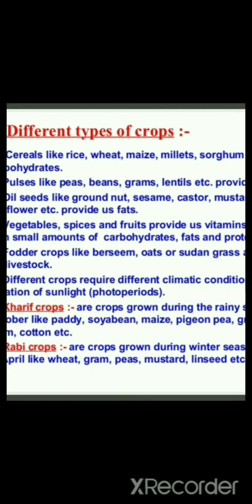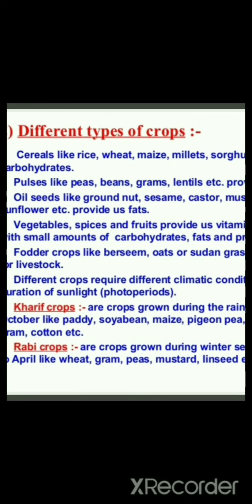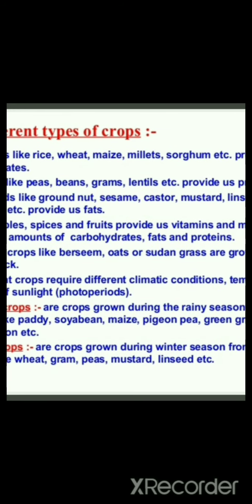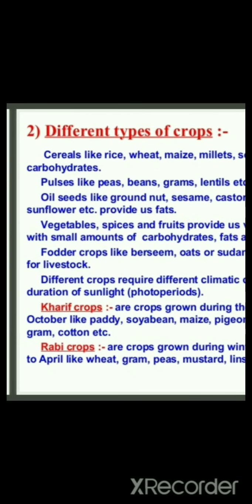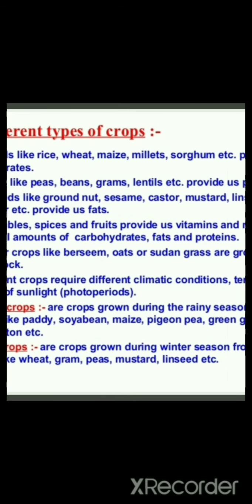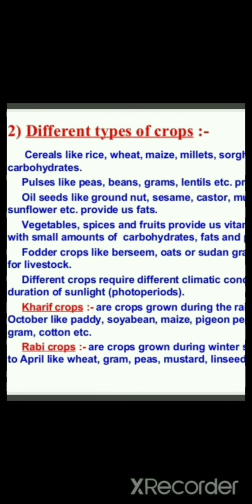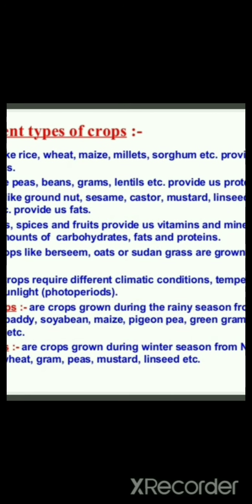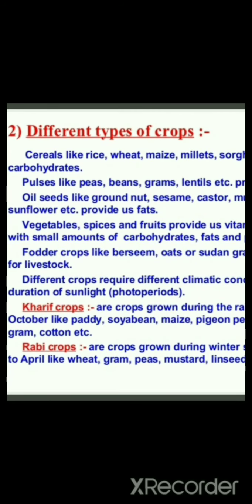Now, students, let's see what the different types of crops are and what they provide us. Cereals like rice, wheat, maize, millet, sorghum, etc. provide us carbohydrate. Pulses like peas, beans, gram, lentils, etc. provide us protein. Oil seeds like groundnut, sesame, castor, mustard, linseed, sunflower provide us fat.